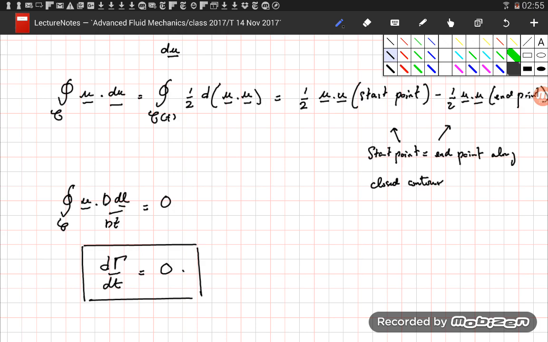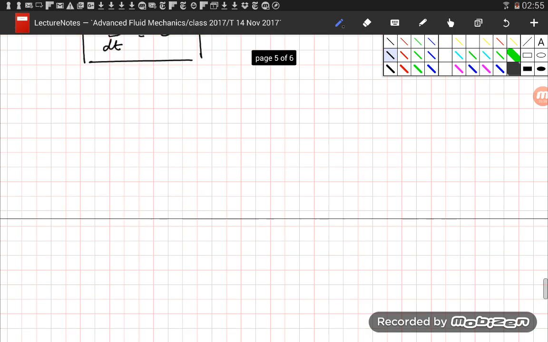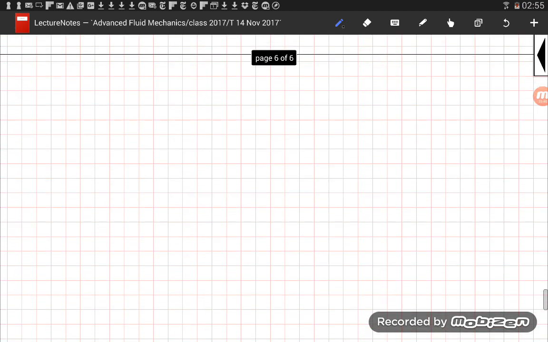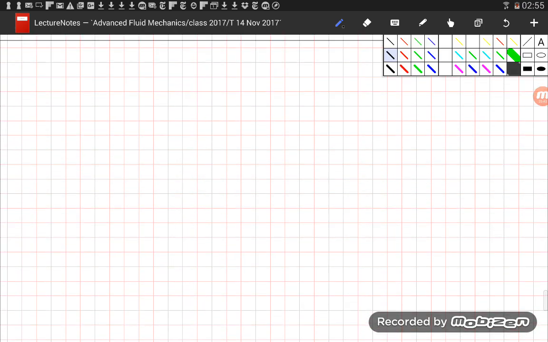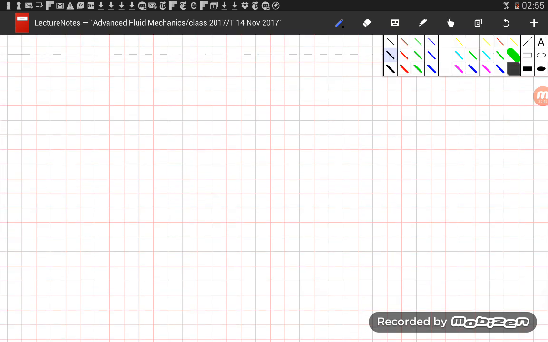Okay, so now we're done with vortex dynamics. So I'm going to change page, and we're going to move on to our next topic, which will focus on flows and flow representations and ways to deduce the flow velocity field and the pressure field when the effect of viscosity is negligible. In particular we will focus on irrotational flows, so not just inviscid flows, but what are called ideal flows.